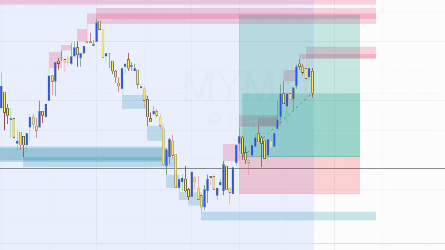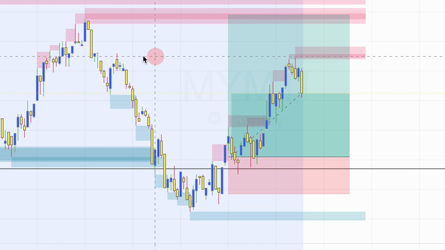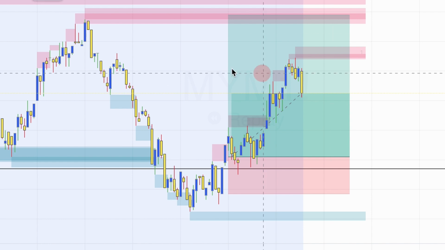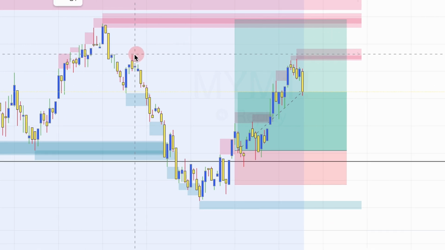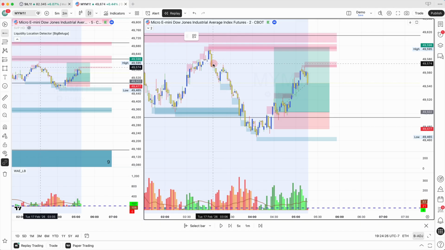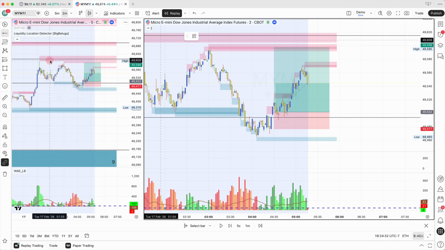Okay. So what did it do? Why did it top out? Well, if I look left a little bit, guess what? There was another price point on the 2-minute chart. It was on the 5-minute chart as well. And it looks like I didn't mark it out.